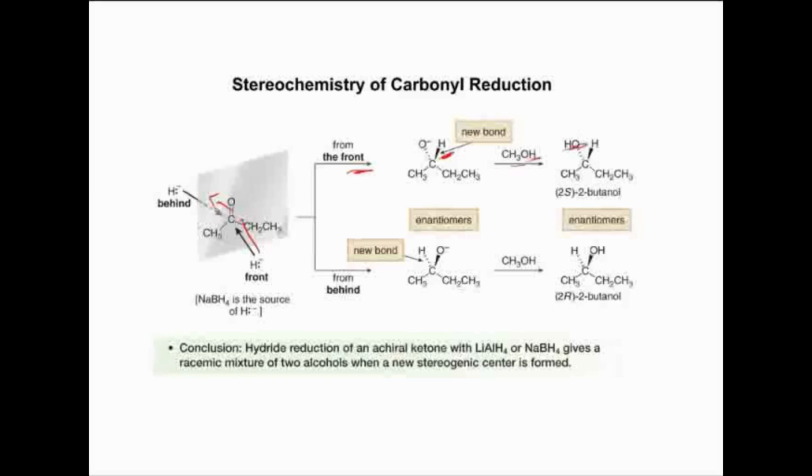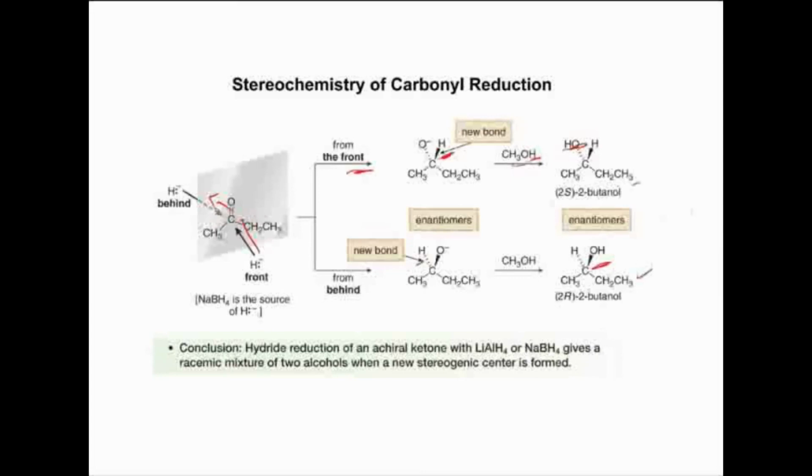If hydride attacks from the back side, then hydrogen will be in the wedge position and oxygen will be pushed to the front, so the OH group will be in the wedge position. So these two are enantiomers.